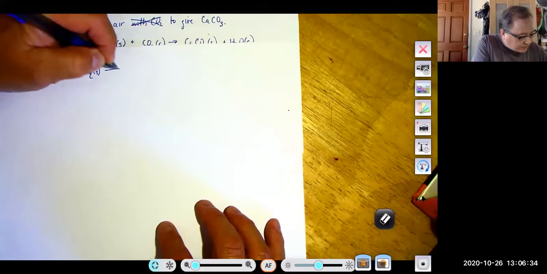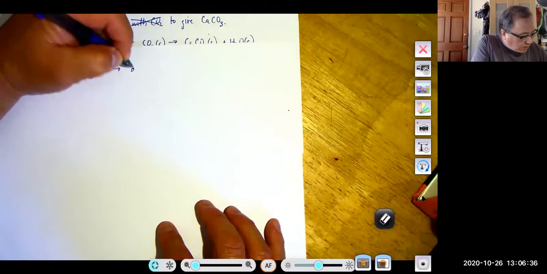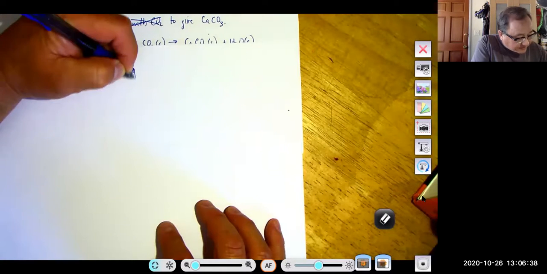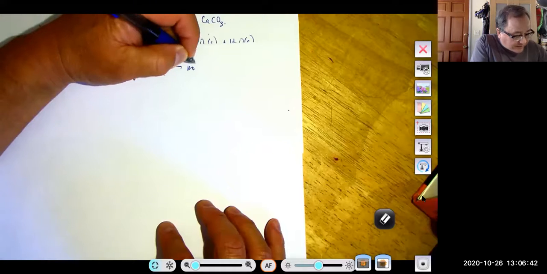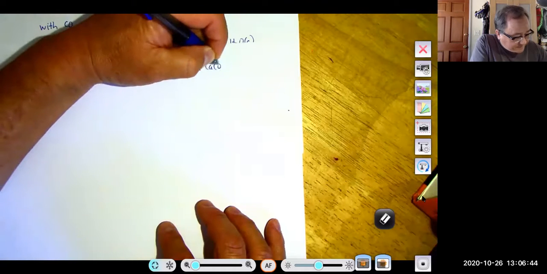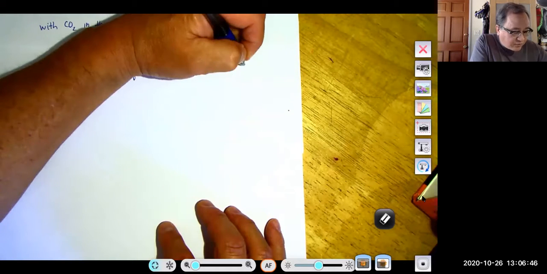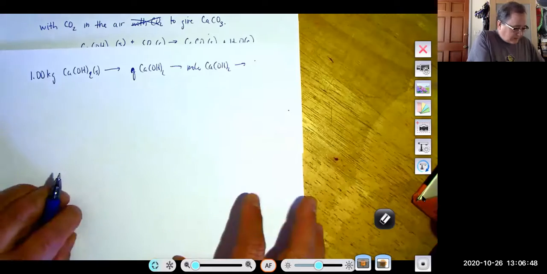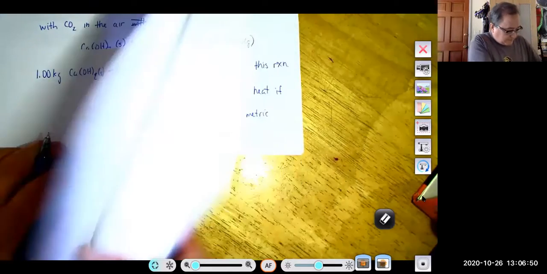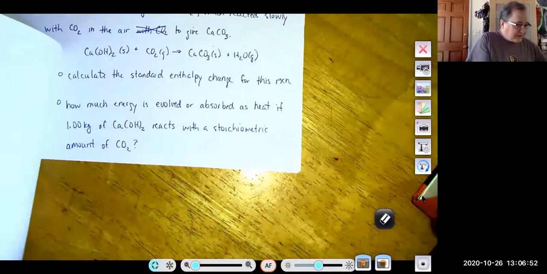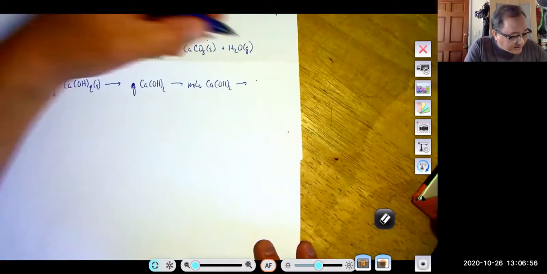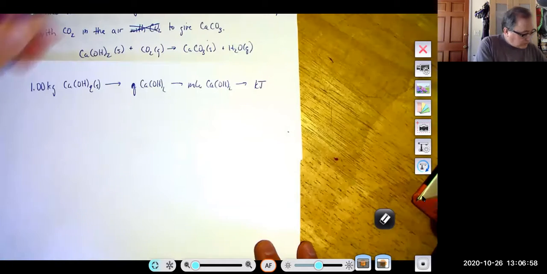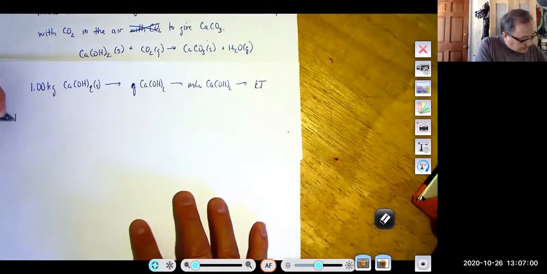We turn that into grams of calcium hydroxide. Turn that into moles of calcium hydroxide. And then since it doesn't say kilojoules of energy, it just says energy, I turn that into kilojoules. So this is the way this would look.